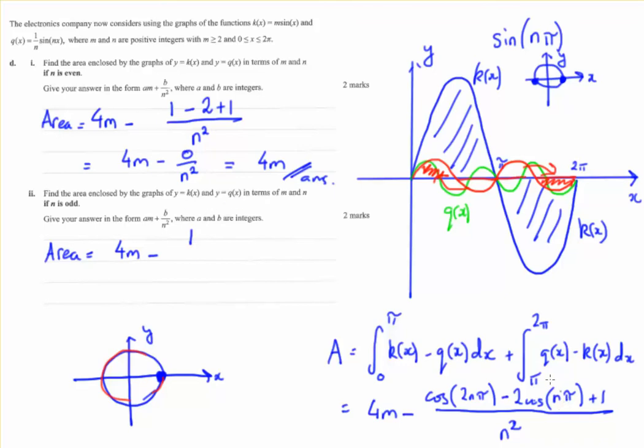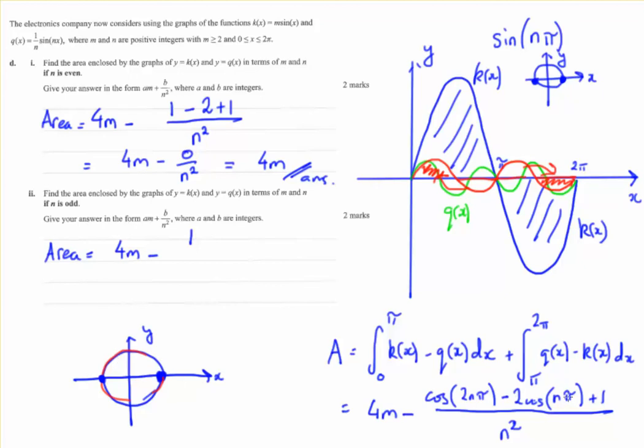But over here, if we had odd values of n, we could be here. We could go pi, 2 pi, 3 pi, 4 pi, 5 pi. So it's either 1 or -1 here. Notice that for the odd case, we're looking at different values here. We don't know which one.